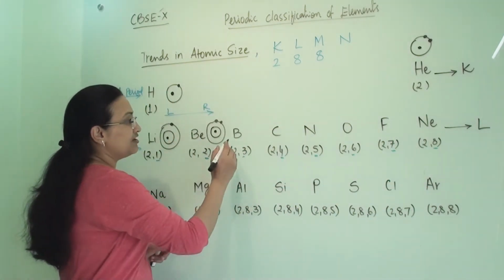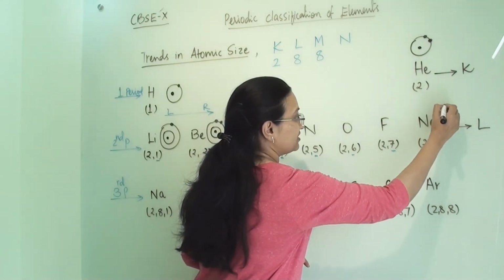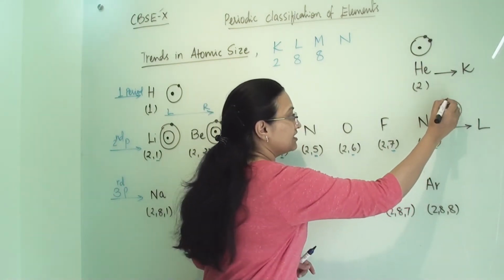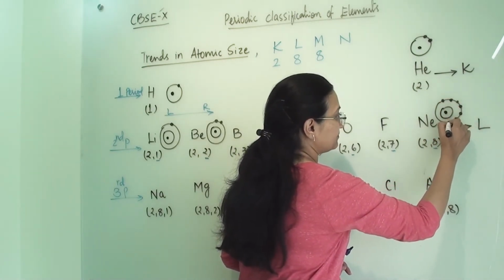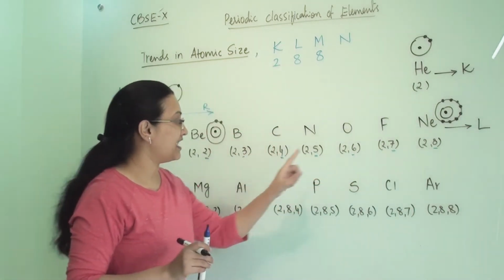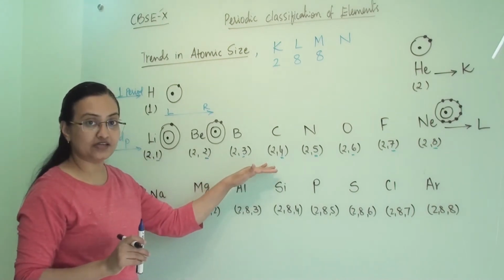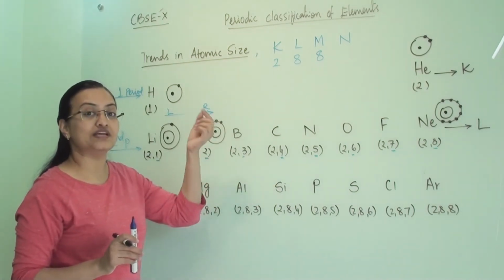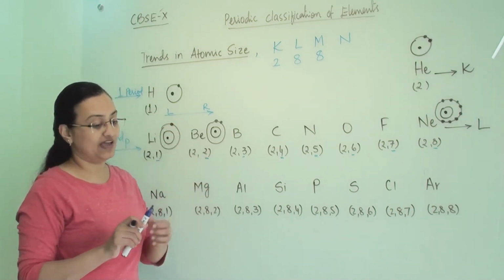So here if we draw a structure of neon, then it is something like this. The 8 complete electrons will be there. So there are 8 electrons in neon and the L shell is completely filled. So as we are going from left to right, 1 electron is being added to the same shell, to the valence shell.